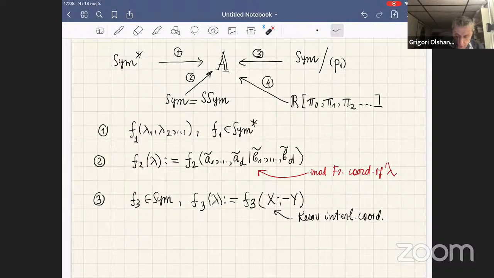And finally, arrow number 4 just means that we realize a polynomial.